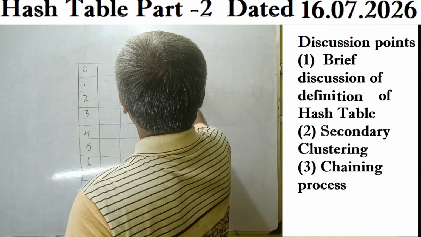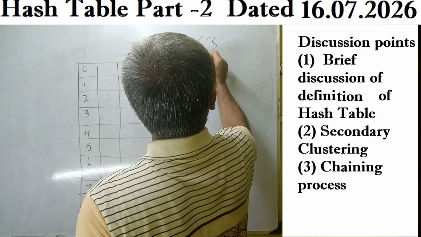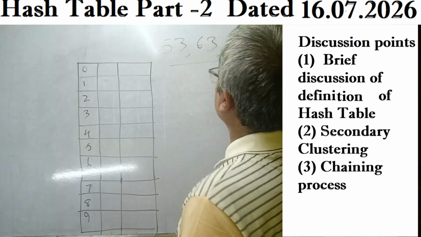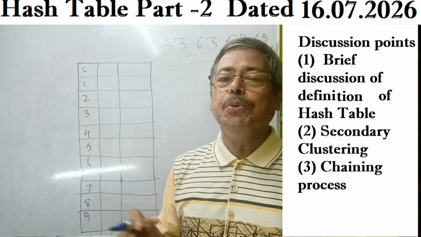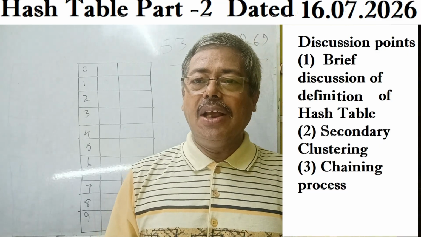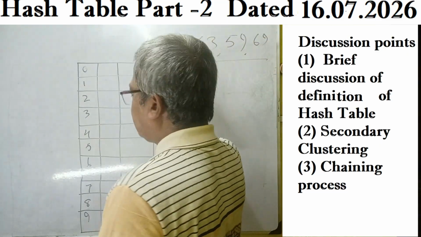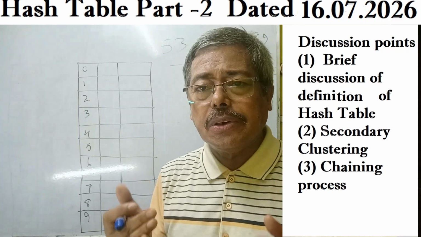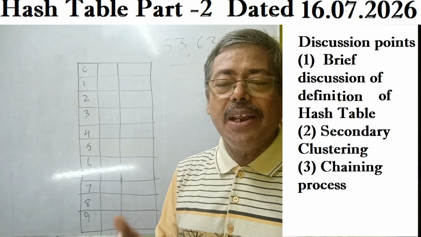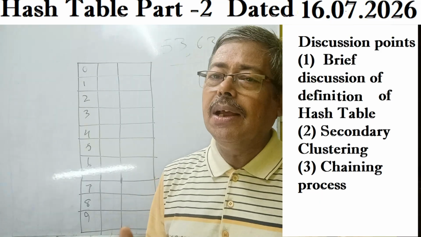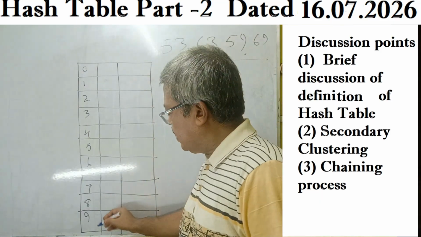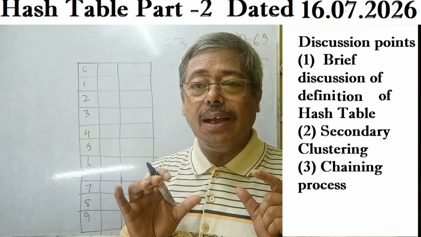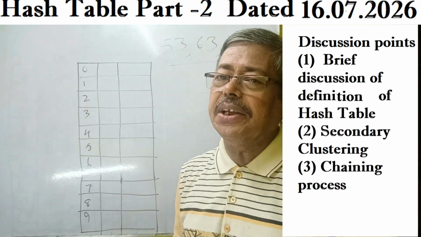Suppose the data values are 53, 63, 59, 69, a group of data. We want to put the data through the hash table, which needs data and a key. What is the key? The key is related to the volume of the hash table. We have already selected 0 to 9, that is 10 rows of the hash table, so we can select the key as 10.